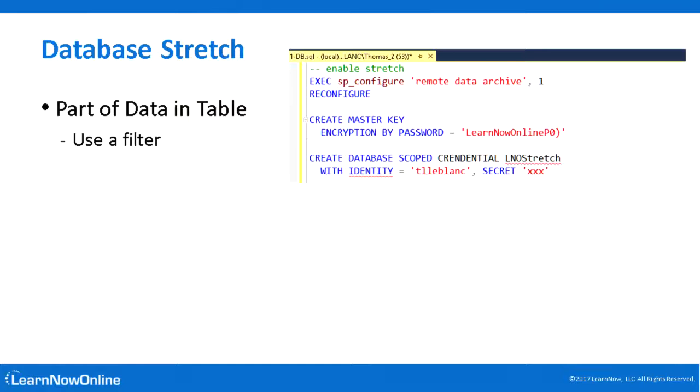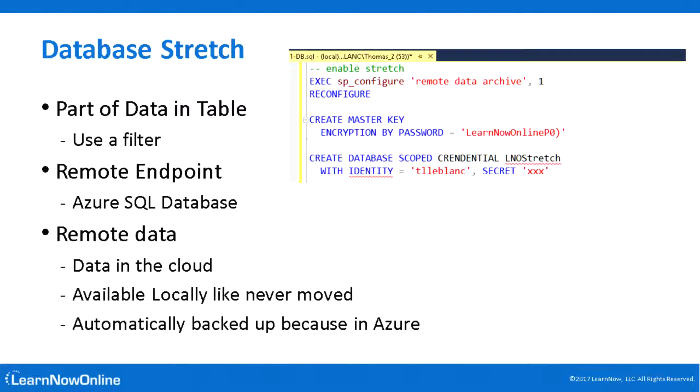No reboot or restart is necessary there. There is a remote endpoint, and that is the link to the Azure database. This is something you have to set up in Azure once you create the SQL database. You have to enable the IP address or range of IP addresses that can access that remote endpoint. This remote data, of course, is in the cloud and it's available locally like it's never been moved.